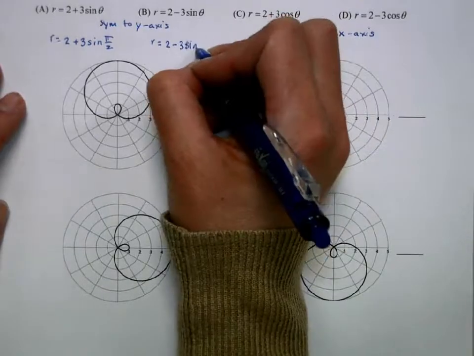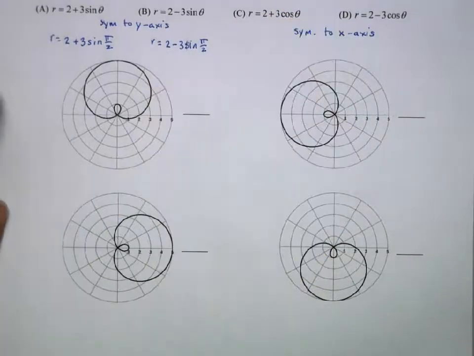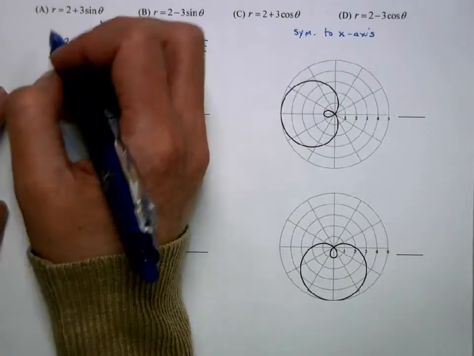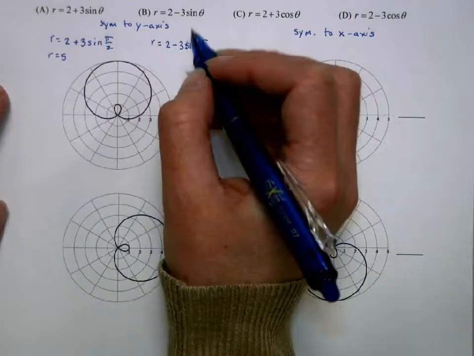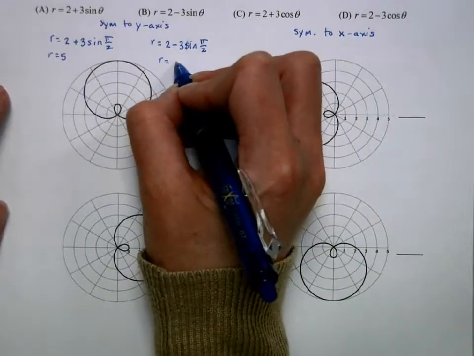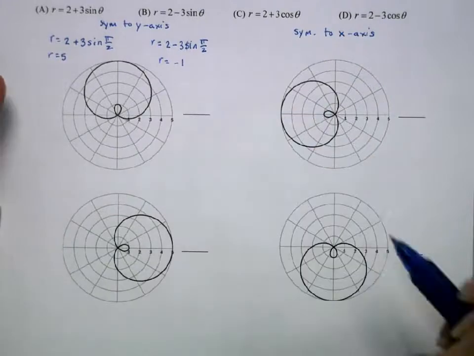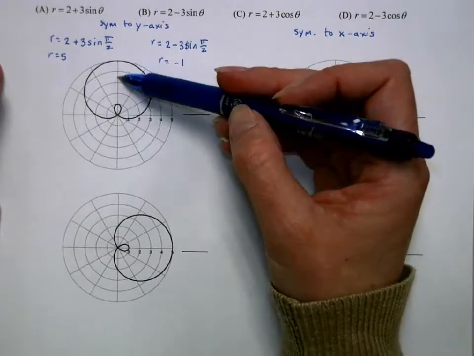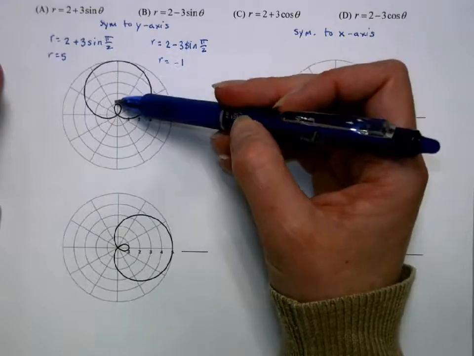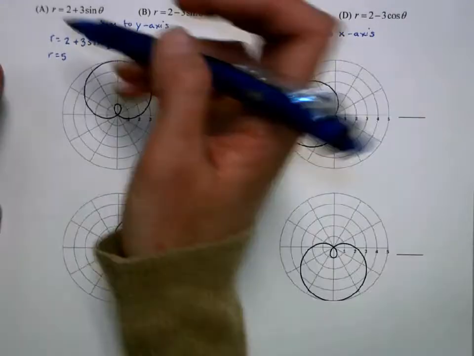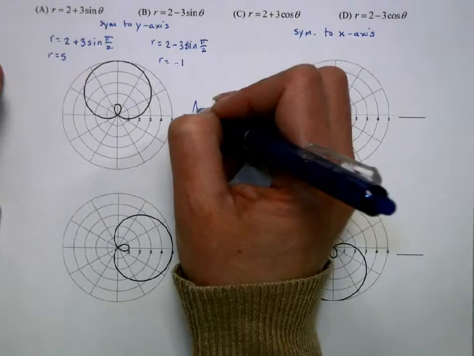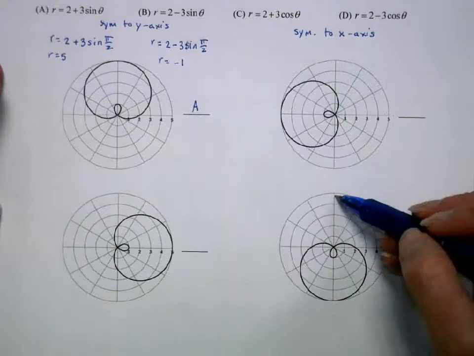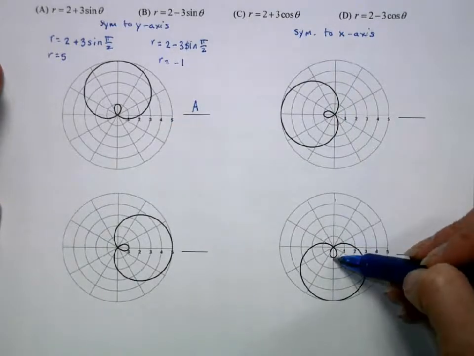So in this one, I'm going to get a 5. In this one, I'm going to get a -1. So at pi over 2, we're at a positive 1 and a 5, so this is going to be A. Here at pi over 2, we're at negative 1, which gives me this graph being B.